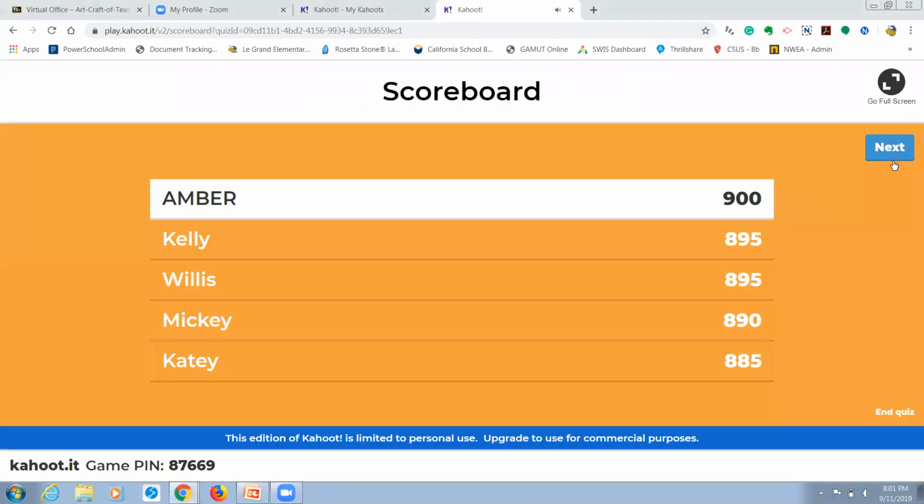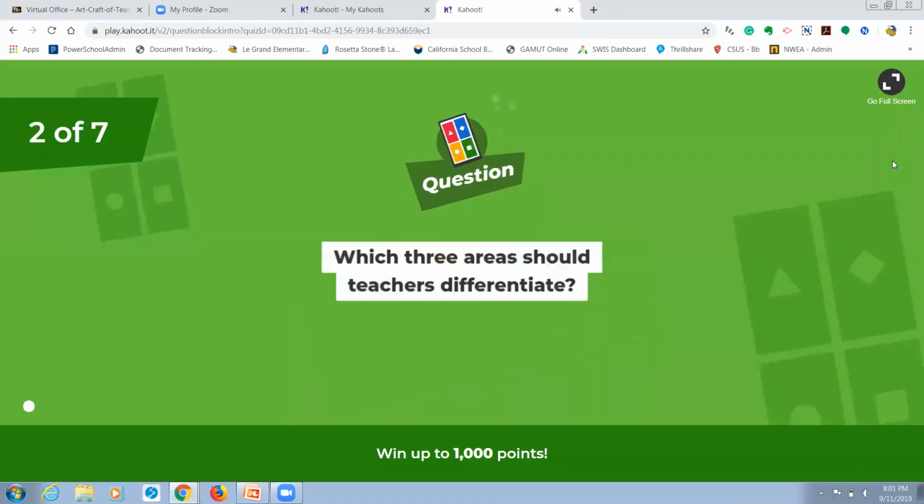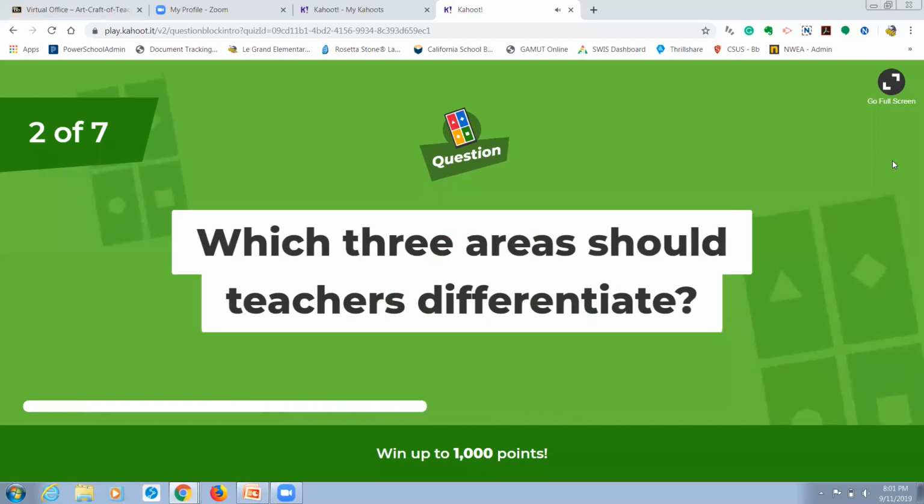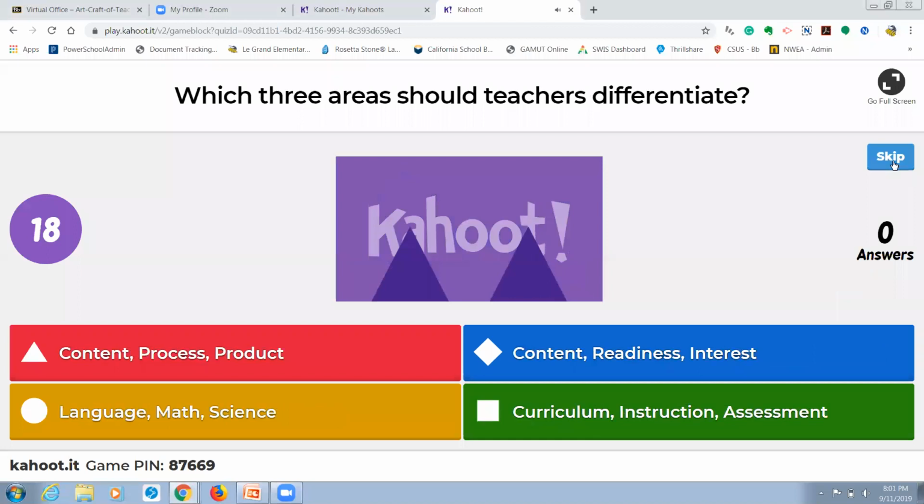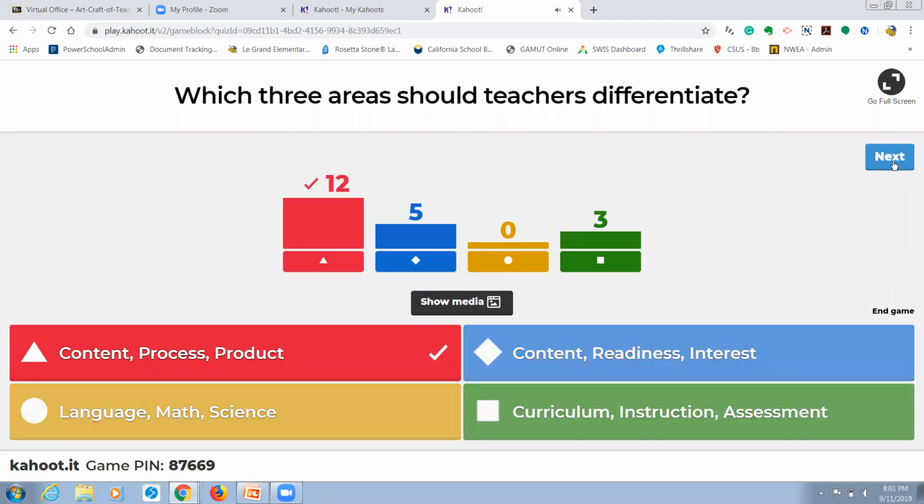Here we go, Amber in the lead. Here we go, next question. Which 3 areas should teachers differentiate? It is content, process, and product.